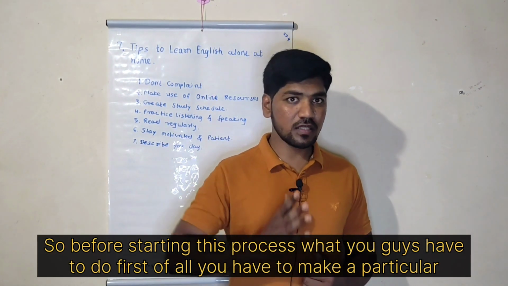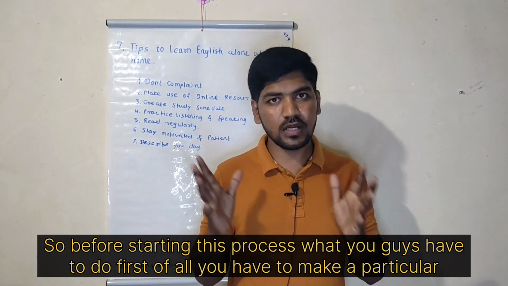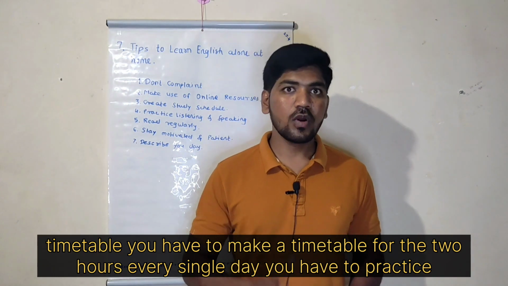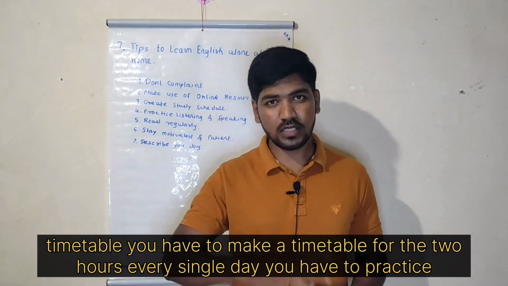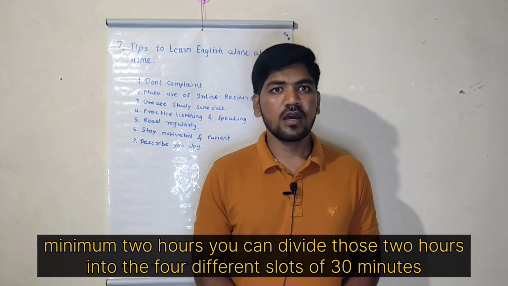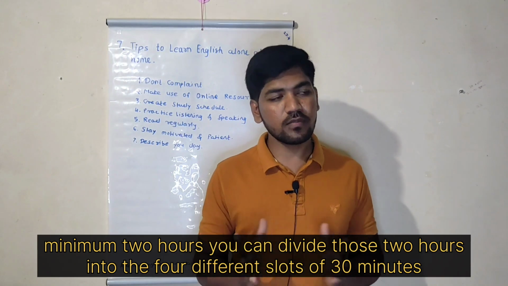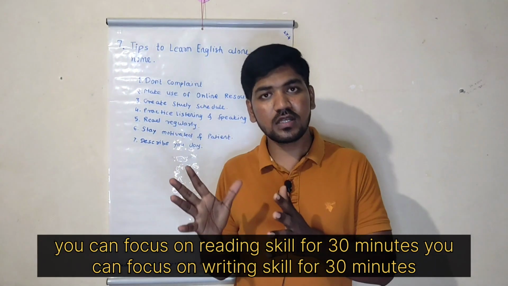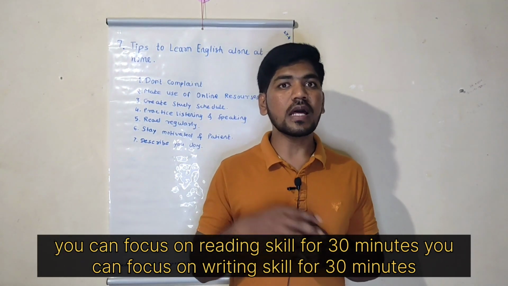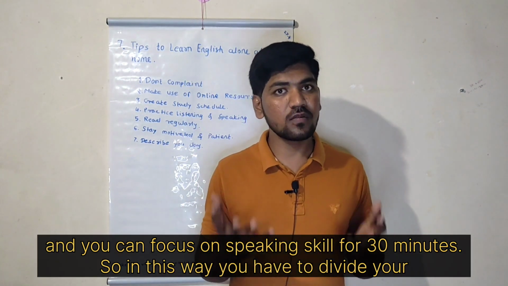Before starting this process, first of all you have to make a timetable for 2 hours. Every single day you have to practice a minimum of 2 hours. You can divide those 2 hours into 4 different slots of 30 minutes. You can focus on reading skill for 30 minutes, writing skill for 30 minutes, and speaking skill for 30 minutes.